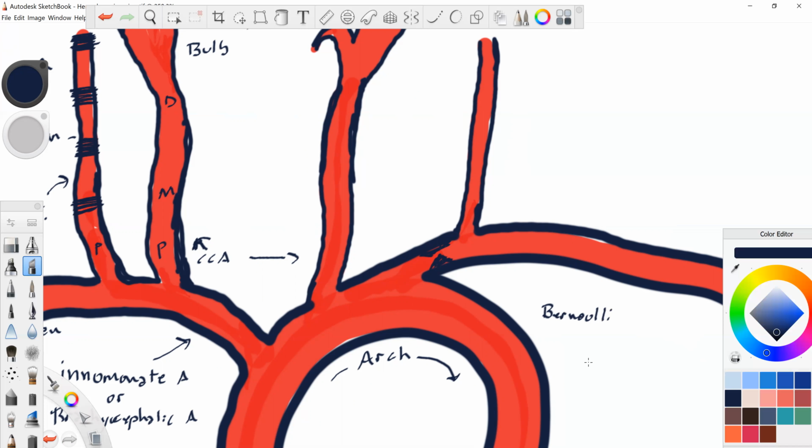Conservation of energy. When kinetic energy, that is the energy of motion, goes up, it has to take energy from somewhere else. It cannot simply increase in kinetic energy without taking that energy from somewhere else.